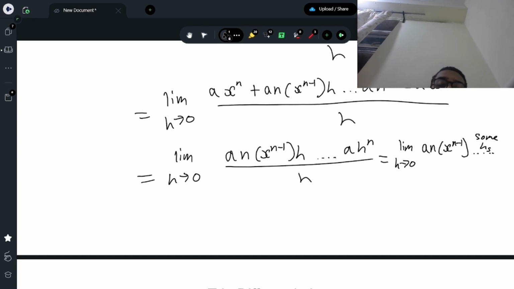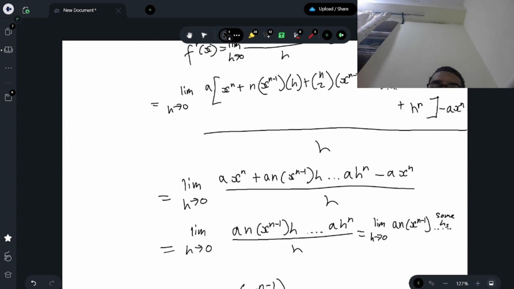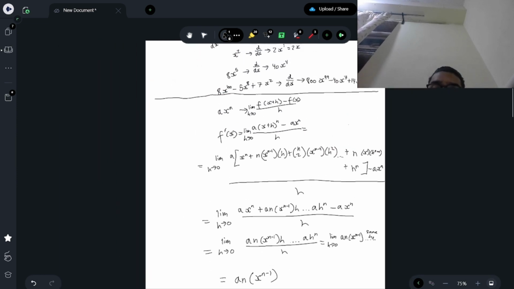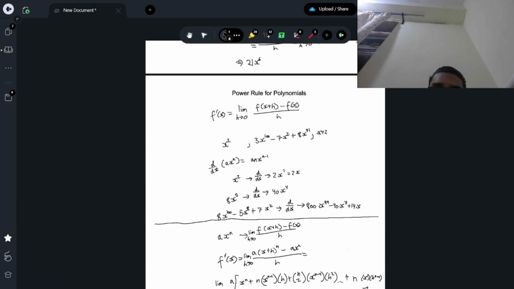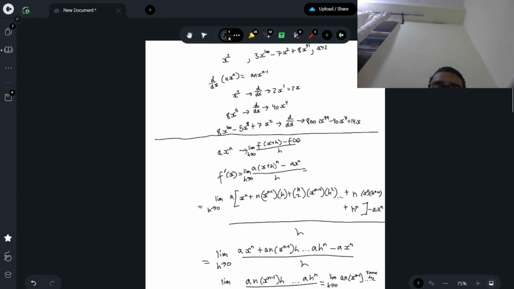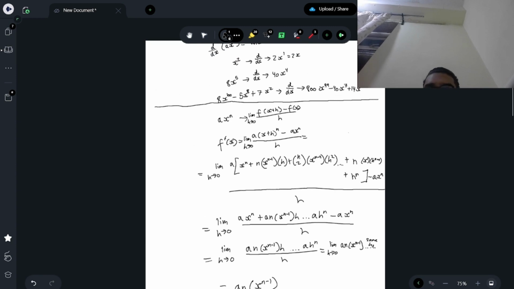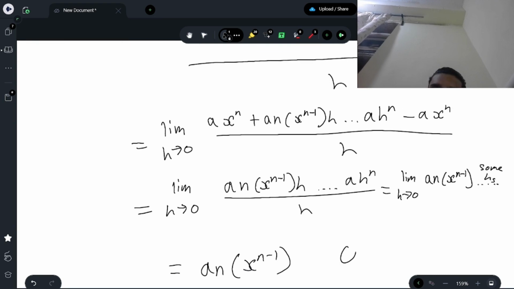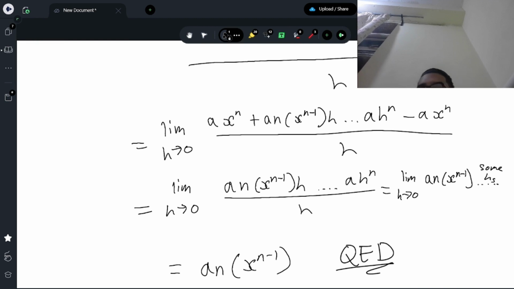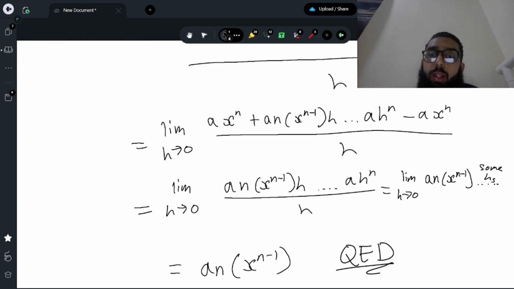So the only term we're left with is a n x to the n minus 1, which is exactly as the power rule suggests, that the derivative of a x to the n equals a n x to the n minus 1. Put a little QED sign to say that we've proved it. I mean, it's not rigorous. I didn't state conditions or anything, but you get the point.